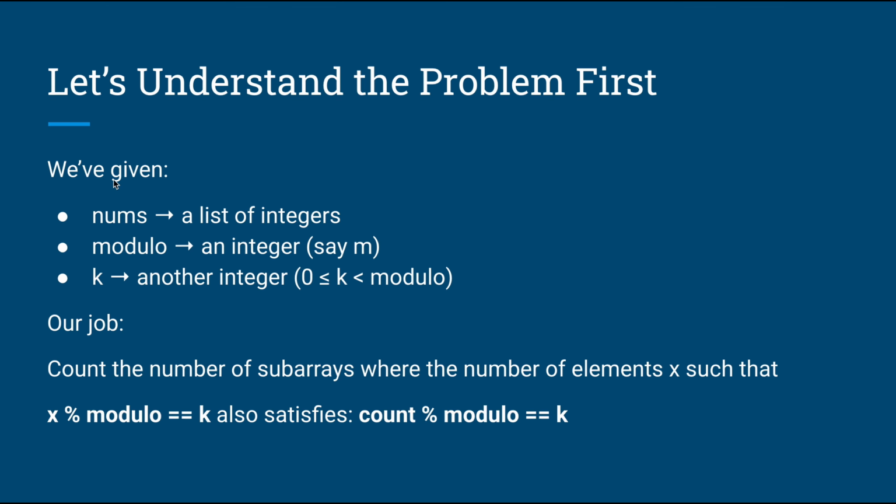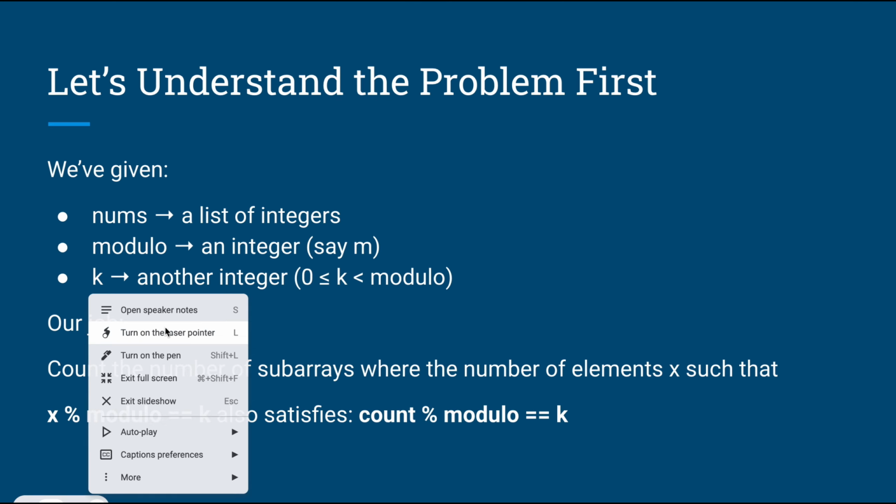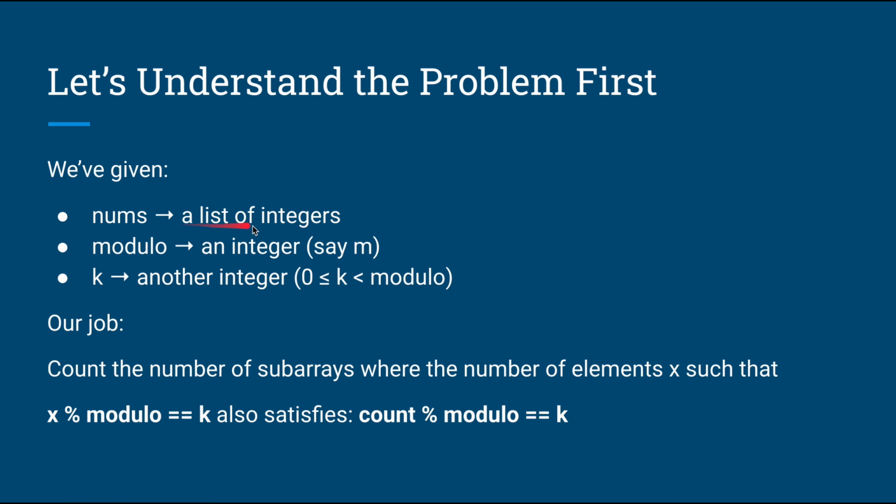First of all, we are given nums, a list of integers, and modulo, an integer, say m. Then we are given k, another integer that will be greater than or equal to 0 and less than modulo.